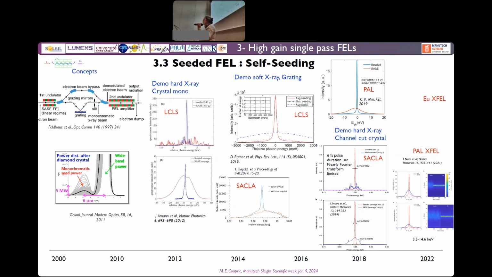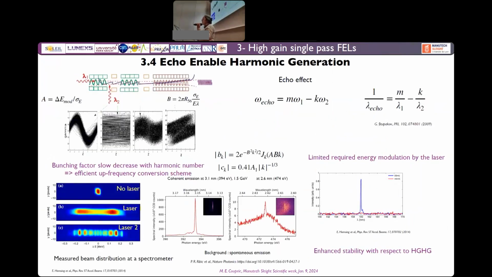So you see with such an example that besides producing a hard X-ray FEL, we are also able to tailor the properties of the free electron laser. So we saw the interest of having this external laser or self-seed interaction with the electron beam.